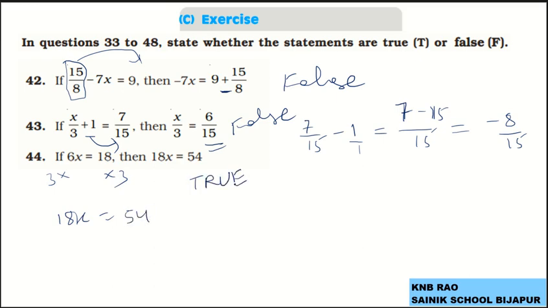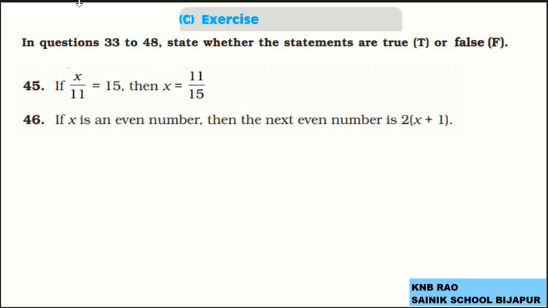So coming to the next question, 45. If x by 15 equals 11, then x equals 15 into 11, because it is the divisor here.